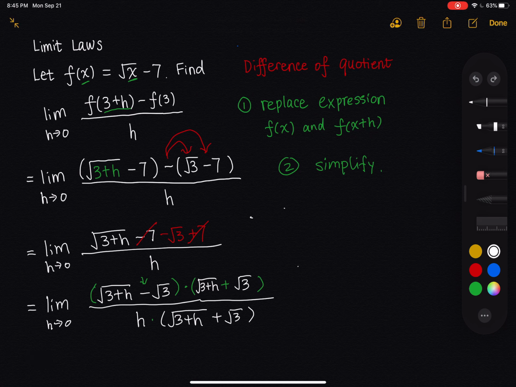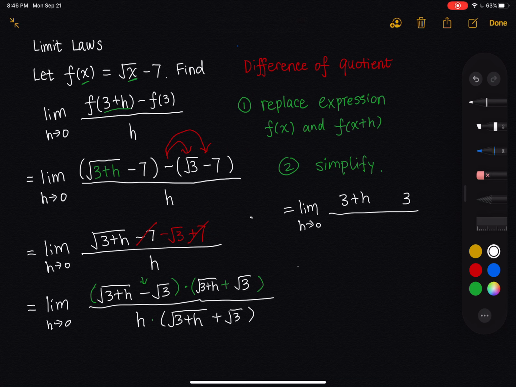I'm going to write up here. On the top, as h goes to 0, we get the square root of 3 plus h and a 3 back here.